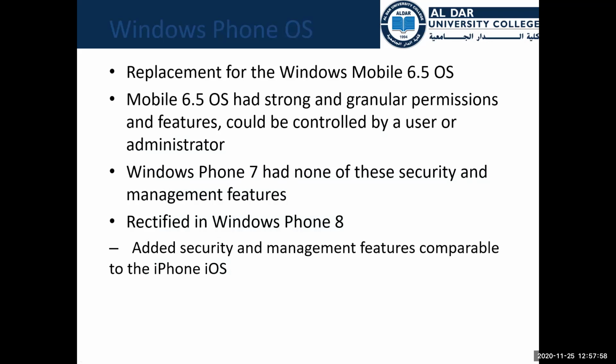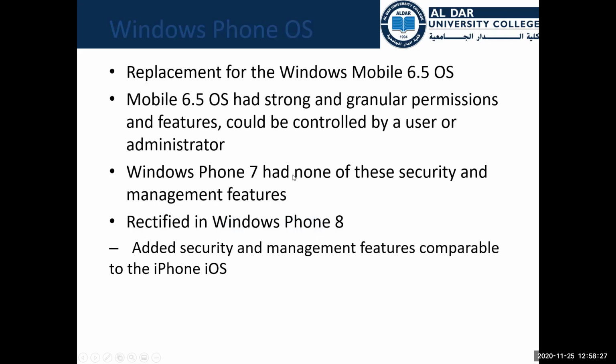When they found Windows Phone 7 was not secure, they developed another version, Windows Phone 8. Starting from Windows Phone 8, till now, it is very strong. They have added security management features comparable to iPhone iOS.